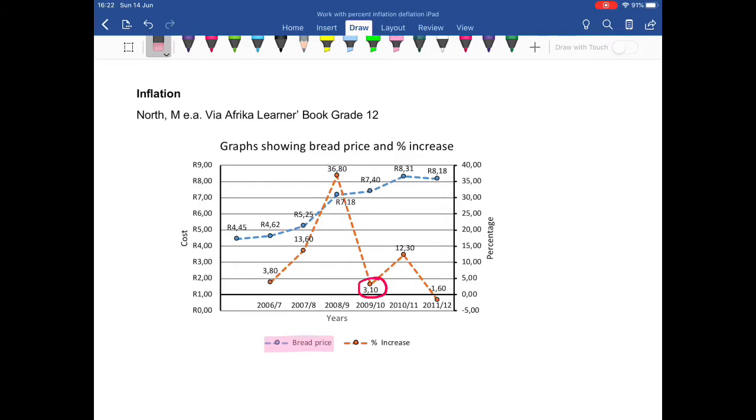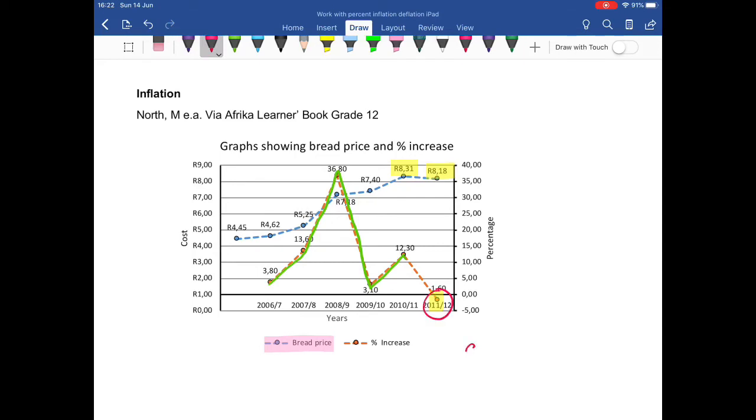So even though this graph showing percentage increase goes down in certain places, the bread price still increases. What we have to notice is from 8.31 to R8.18, you can see the graph has gone below the line, and that is where the price of bread decreased, and that is called deflation.